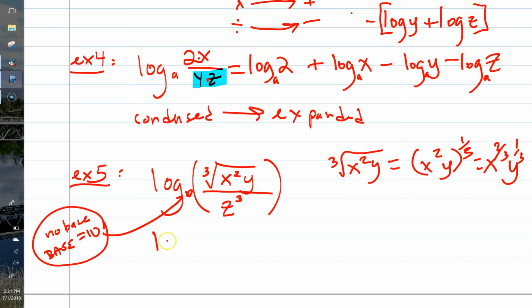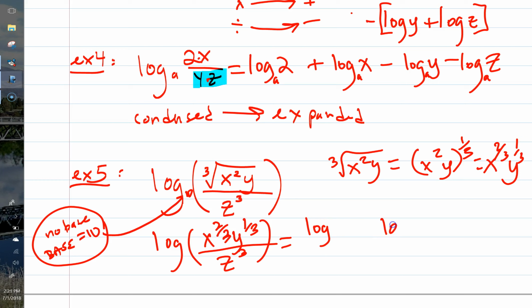So now I'm thinking of this as log of x to the 2/3, y to the 1/3, over z to the 3rd. I see 3 separate terms. I will separate that into 3 separate logs.